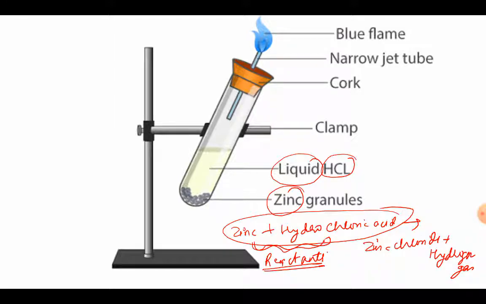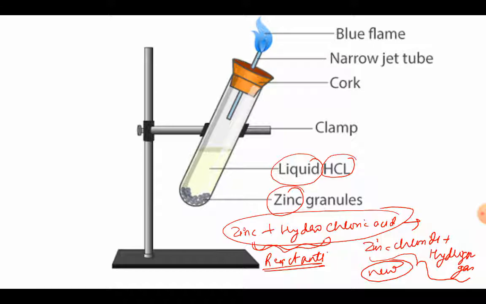So now understand finally what reactants are. Reactants are the chemical substances which are taken originally, originally meaning at the start of a reaction, and then they react with each other. Once they react with each other, they form new chemical substances. These new chemical substances which are formed after a chemical reaction are called the products.